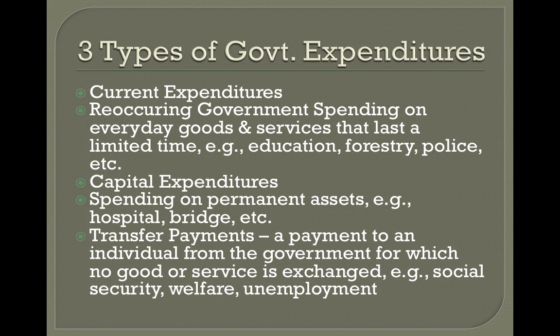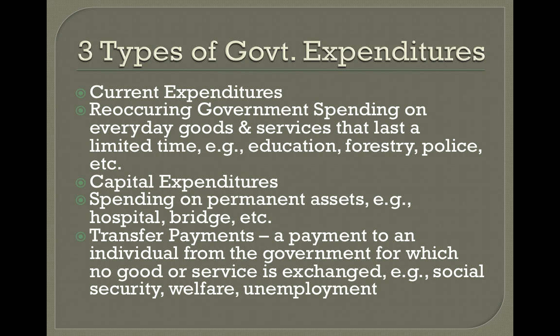Finally, the third type of government spending is called a transfer payment. Basically it's defined as a payment to an individual from the government for which no good or service is exchanged. Things like Social Security, welfare, unemployment. In Germany, this would be called Hartz IV. This would be Arbeitslosigkeit, money that the government spends on the unemployed, doles out to people that are out of work.